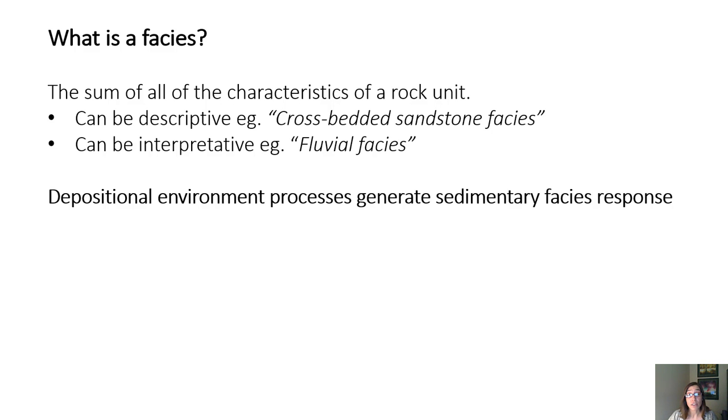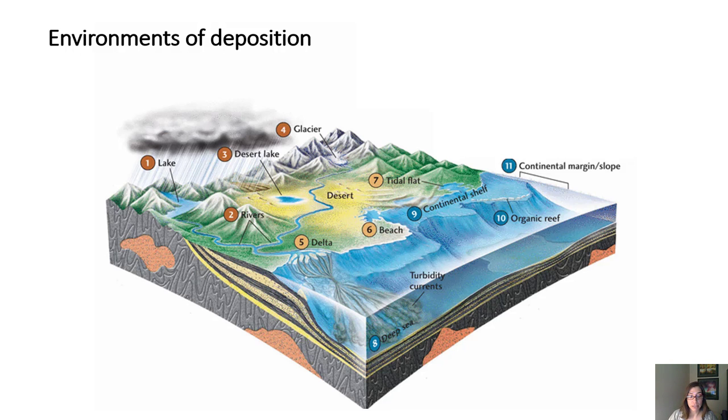I should mention here that not every single depositional environment has a unique facies. They share certain descriptive facies with other environments. So where can a cross-bedded sandstone be found?